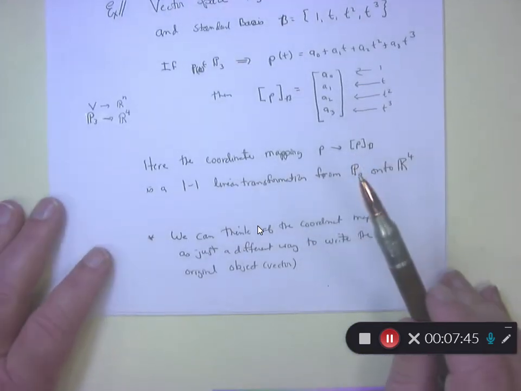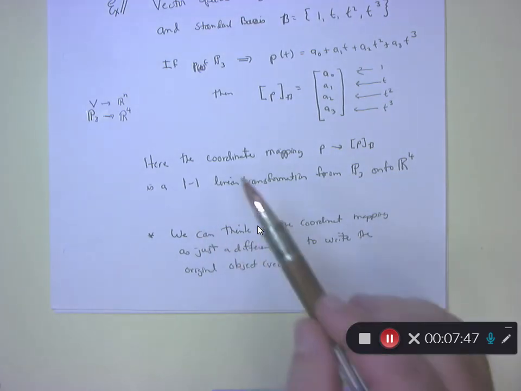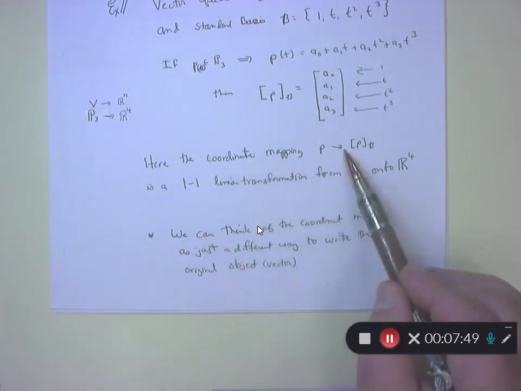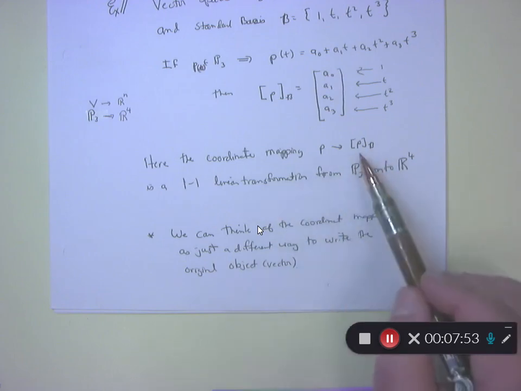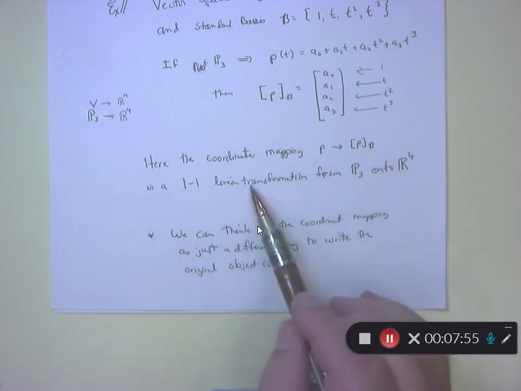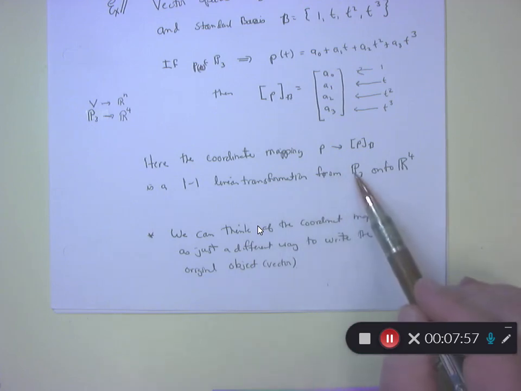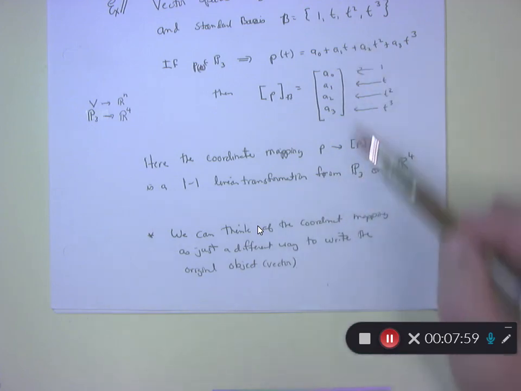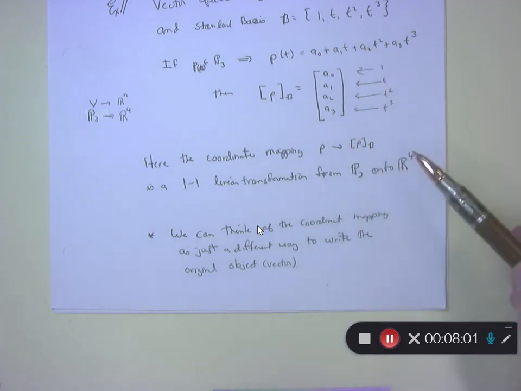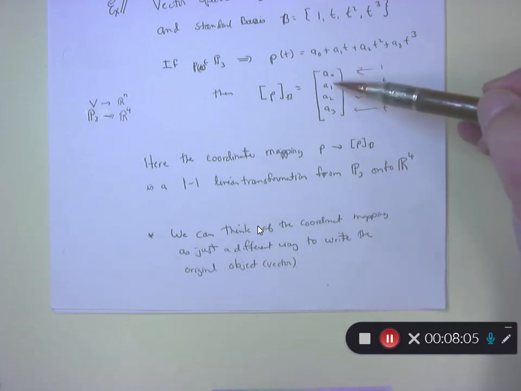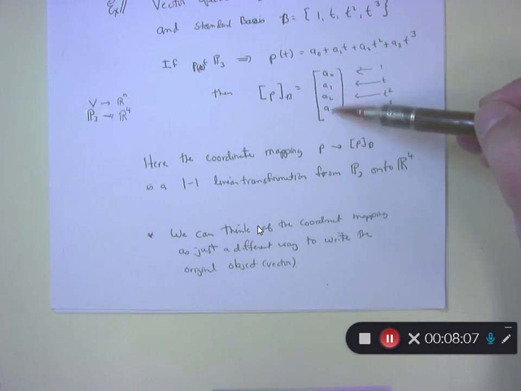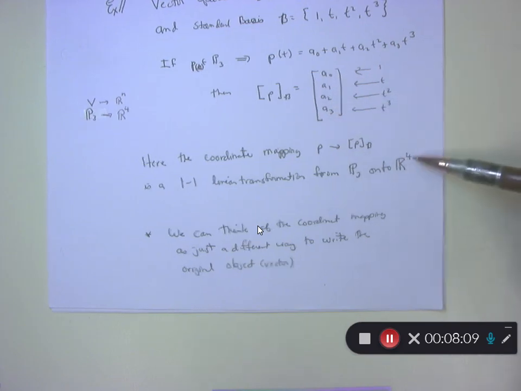So, the coordinate mapping from P3 to the coordinate vector relative to basis B is a one-to-one linear transformation from P3, this is where the polynomial came from, onto what? Well, because of that constant term, and then t squared, t cubed, that's actually a vector in R4.